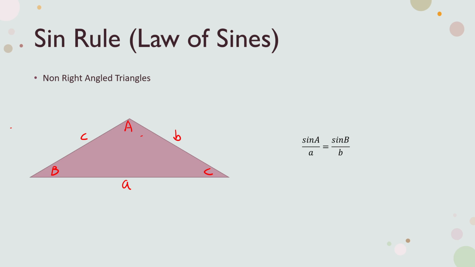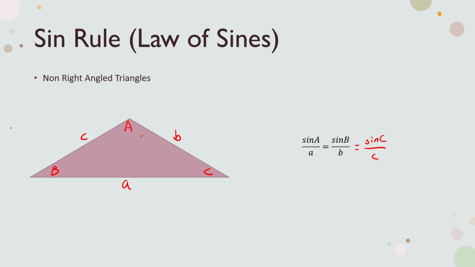So you may see an equation just with sine A, sine B, but technically you can also have sine C and side length c in the equation as well, but when you're applying the sine rule, you don't use all three at the same time. It doesn't matter which combination you're looking at. You always have your angle, you always have your opposite side. And if you take the sine of the angle and divide it by the side length, it's going to be equal to all of those other ratios for all of the other combinations that you have too.